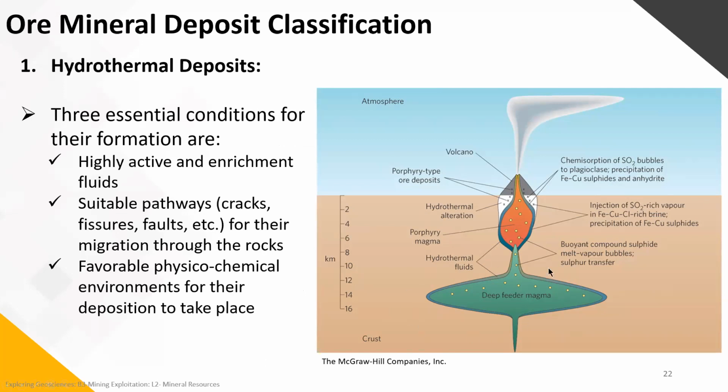So right above our magmatic chambers, the hydrothermal fluids will circulate through whatever pathways they can find. When it has the right geochemical favorability and can be trapped within an area, it will precipitate the metal minerals, creating our deposit.